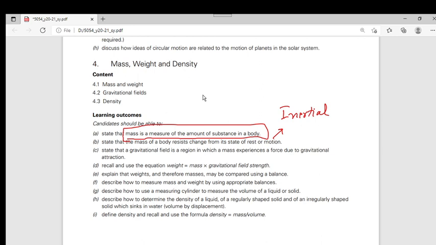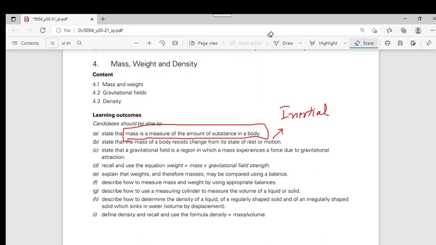So inertia is the reluctance to the movement of an object in its state of rest or motion. Now the gravitational field. It is a region in which a mass will experience a force due to gravitational attraction. This definition is also required to learn. Then the other one is the definition of gravitational field strength.